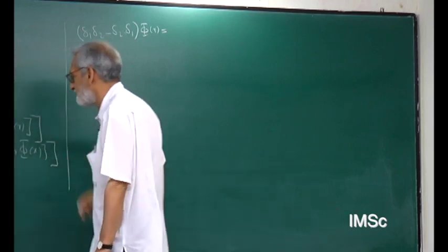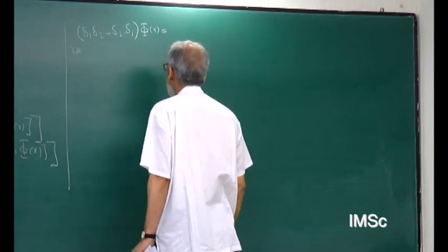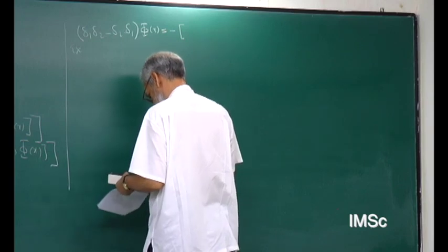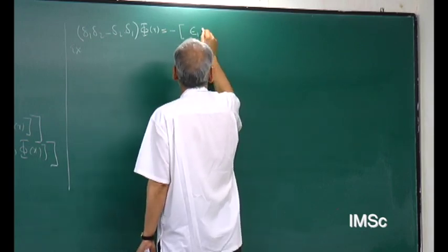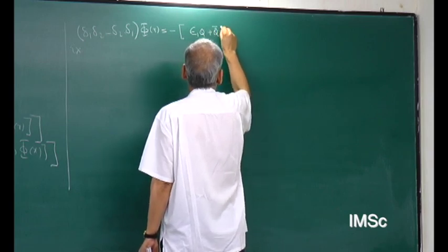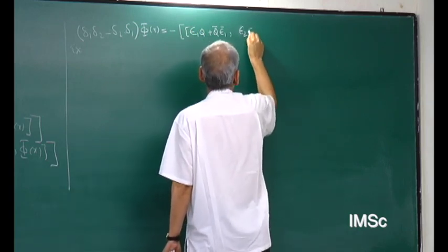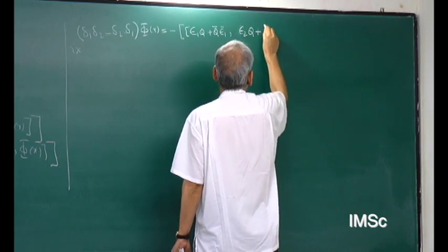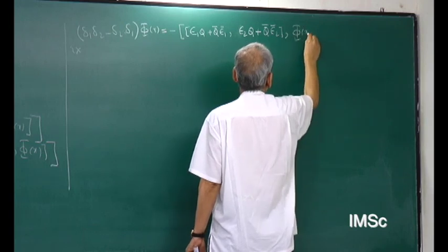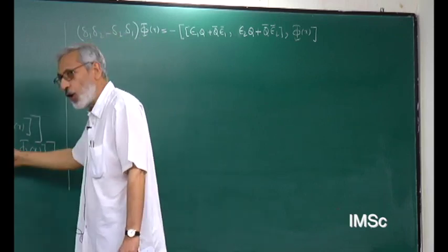Now do this algebra exercise and convince yourself that this is the commutator of epsilon 1 Q plus Q bar epsilon 1 bar, commutator epsilon 2 Q plus Q bar epsilon 2 bar, with phi of X. Write these in longhand.